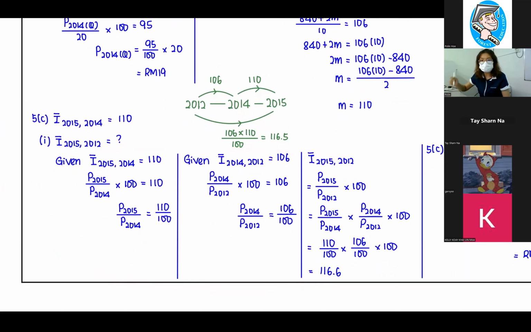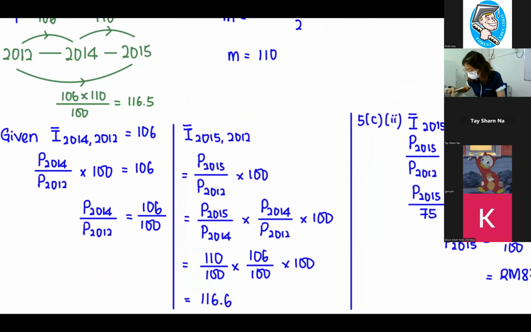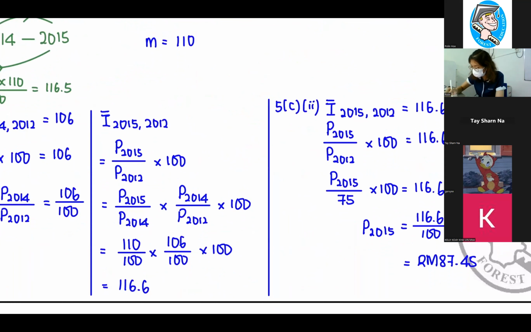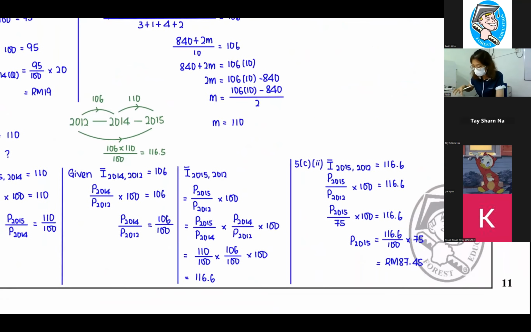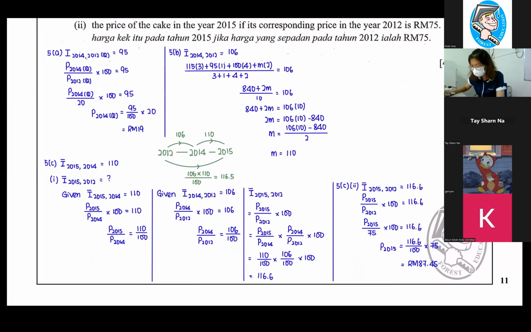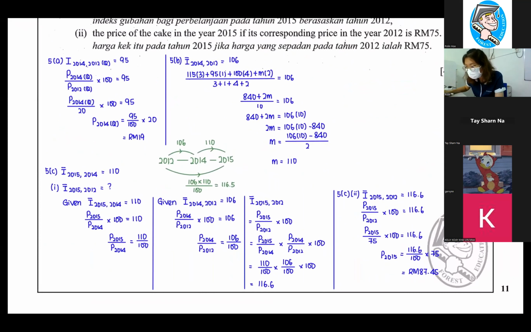But if you go slowly, you can understand, and at the same time, you train yourself. Okay, C part 2. The price of the cake in 2015, if the price of the cake in 2012 is 75 ringgit. This means if this part is wrong, then this part will be wrong. So question 5, no problem.